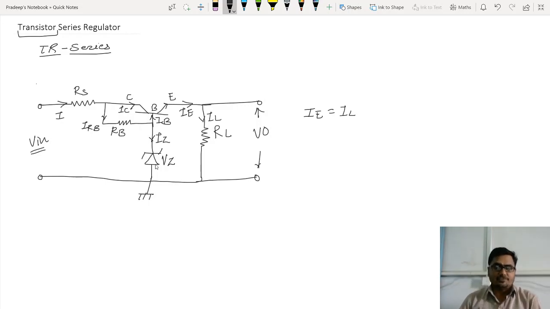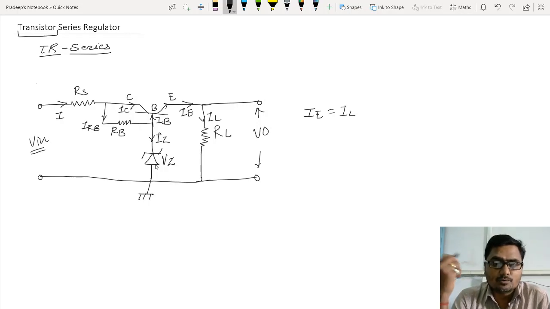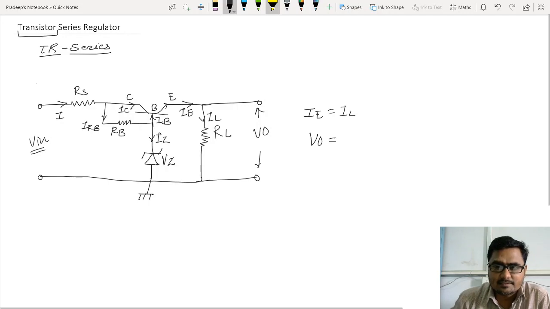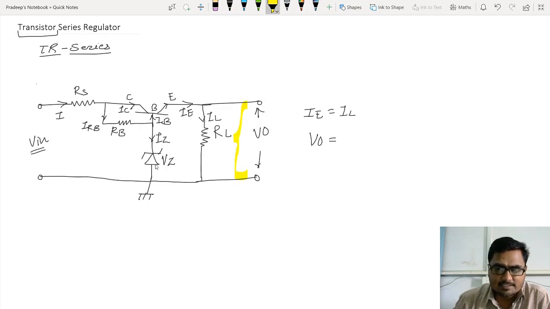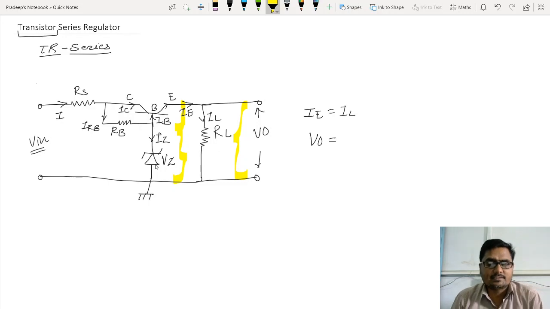Now let me write the equations. What is the first equation that I can write related to the output voltage? See, this output voltage VO, let me take a marker, this output voltage I'm talking about, is what? This voltage plus this voltage, is it not?